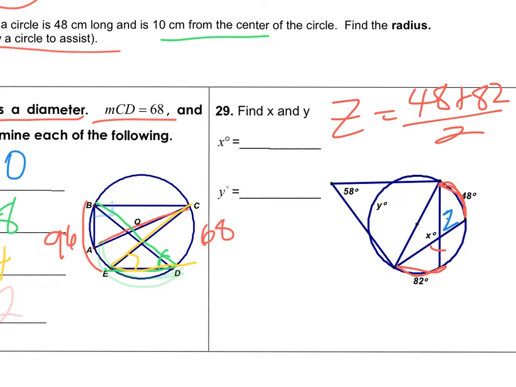So once you see that, I believe that was 65 when we get that. So then that makes it easy to see that this is 115 because these two are a linear pair. So now for your y, I believe I told you to use your exterior angle because the 58 is the exterior angle and it corresponds with this arc here, and it corresponds with this arc here, where the y is.